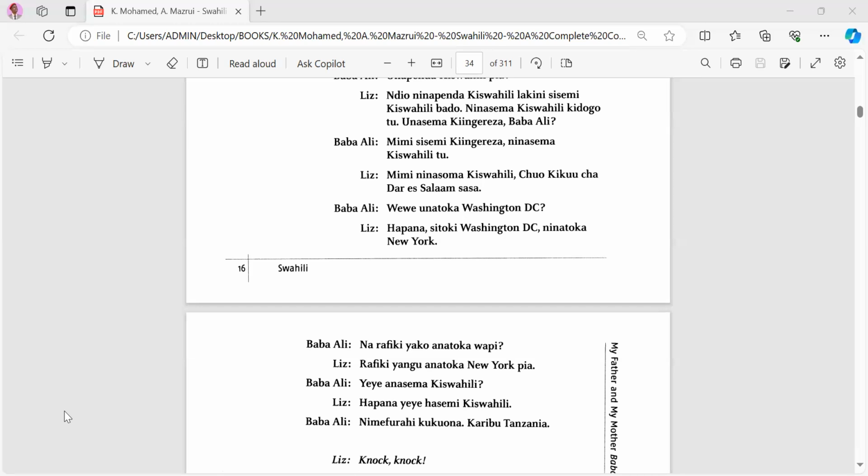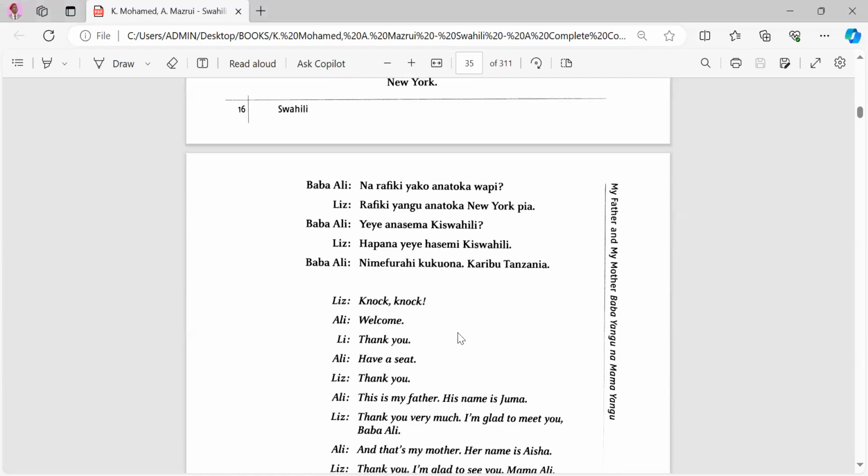Ninatoka New York. Oh, toka. Sorry. Yes, of course. Ninatoka New York. Na rafiki yako anatoka wapi? Rafiki yangu anatoka New York pia.